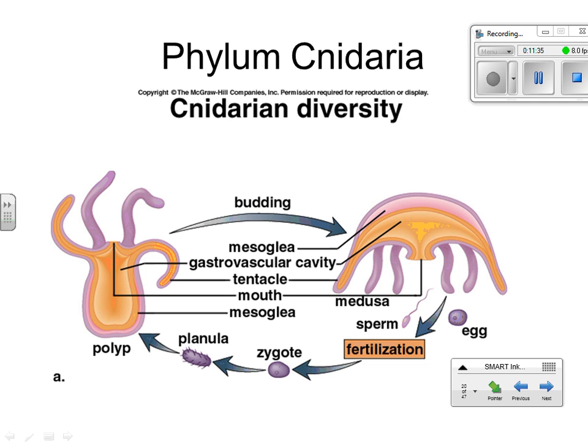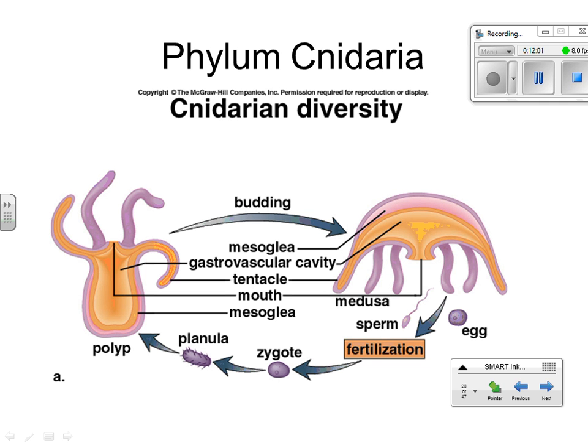It releases sperm or eggs into the water. They'll swim around, find each other. So there's another thing you could be drinking. Fertilize each other, form a diploid zygote. That grows up to be a larva that looks a lot like a little protist or something called a planula. Finds a nice rock, cements itself down, goes back into this, and it all starts over again.